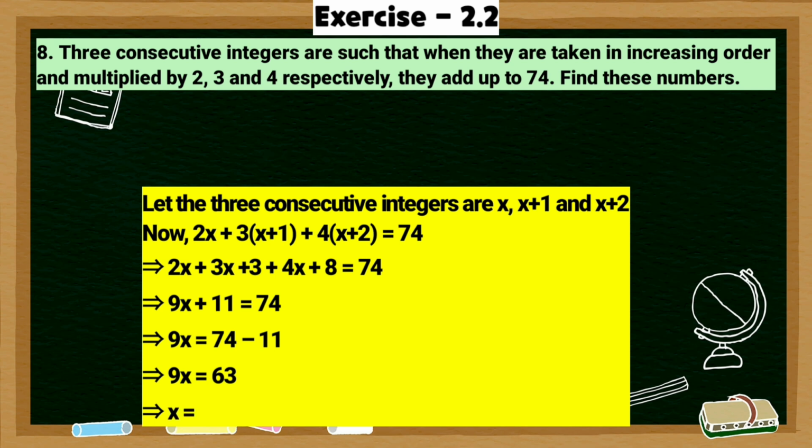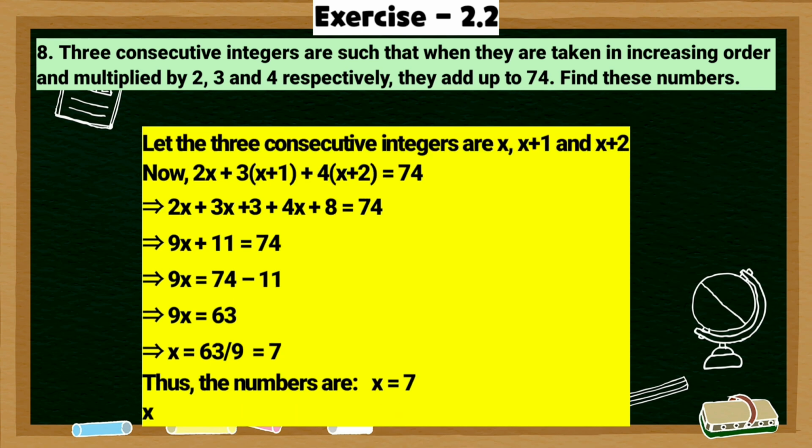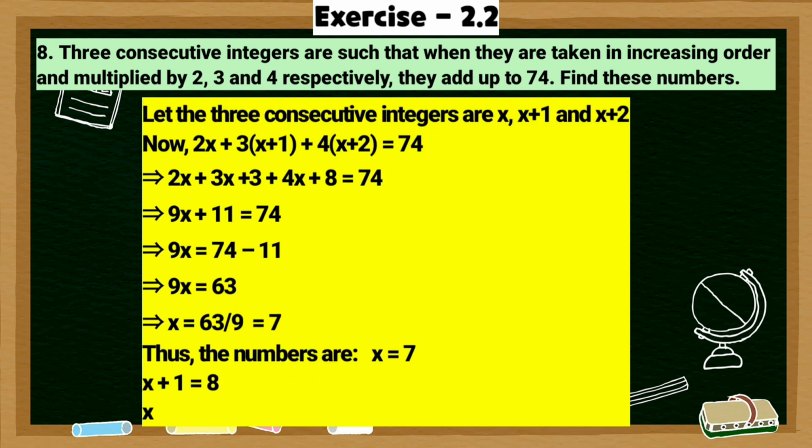So x is equal to 63 divided by 9. So our answer is x is equal to 7. Thus the consecutive numbers are: first x is equal to 7, x plus 1 is equal to 8 and x plus 2 is equal to 9.